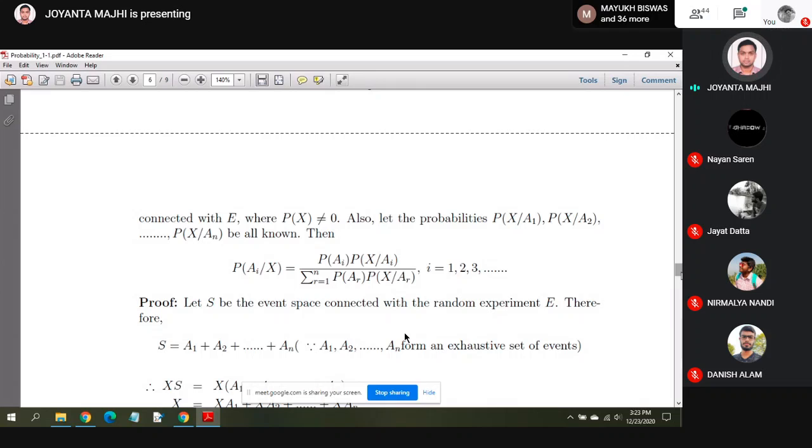Similarly, probability of X by A2 and so on, all these conditional probabilities are known. Then Bayes' theorem says that probability of Ai by X is equal to this expression, for i equal to 1 to n.